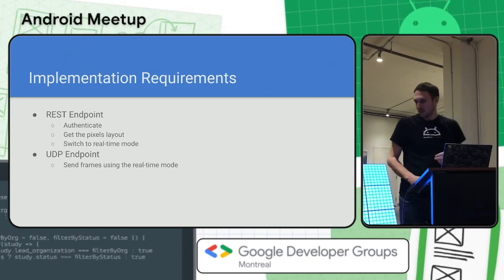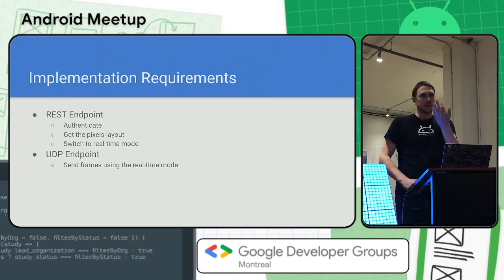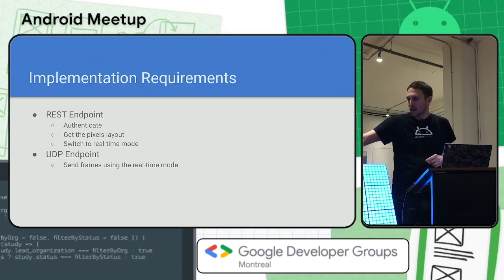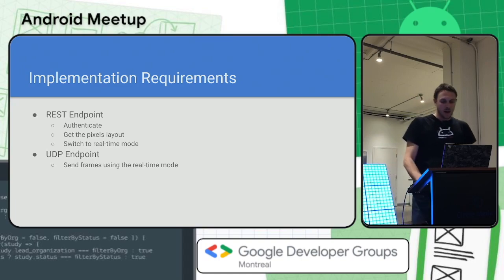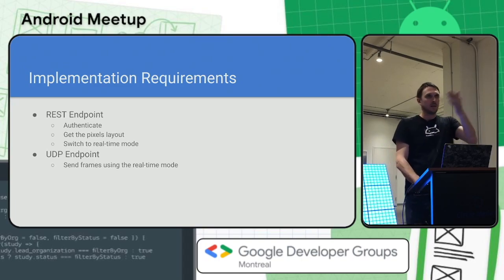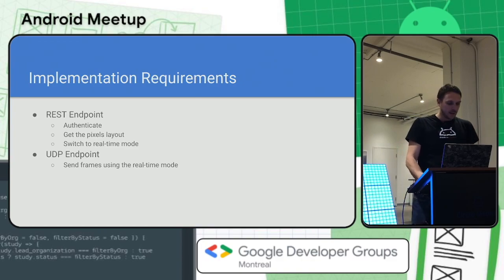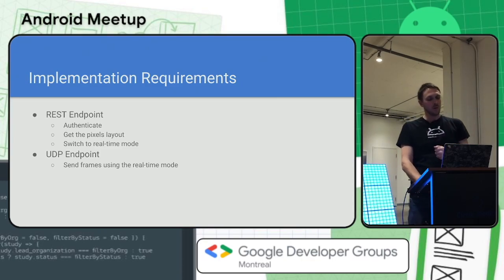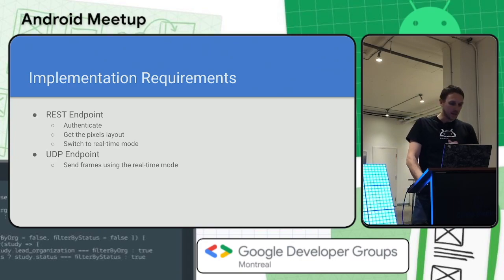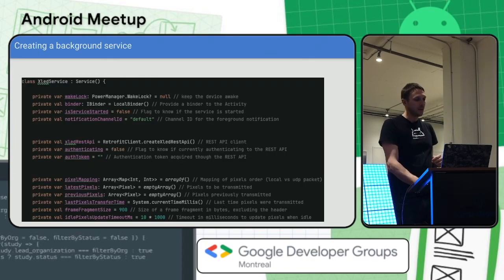In the Android app, we want to work with a human-readable representation where the first pixel is the top left and the last one the bottom right, but internally on the device, it's not indexed like that. And then there is a call on the REST endpoint to switch to the real-time mode. When we have switched to that mode, we can start sending UDP packets to update the frames and the colors of the pixels.